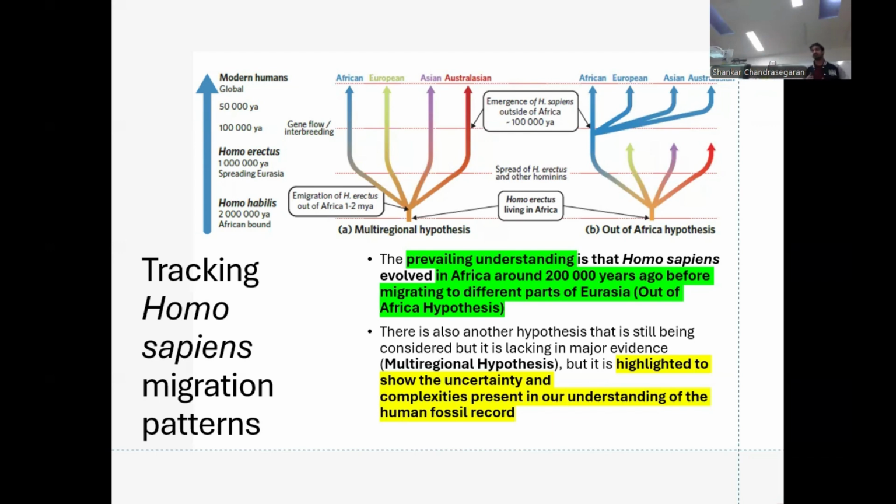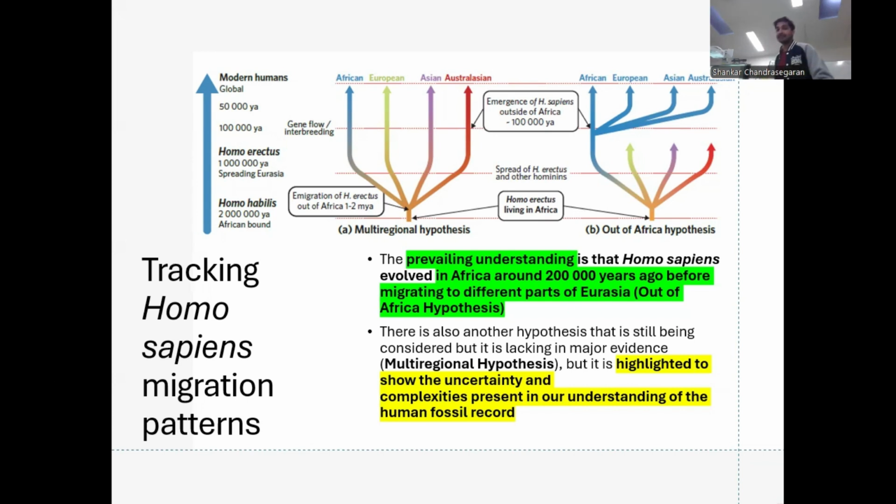Remember in our previous lesson, we talked about the human fossil record being uncertain sometimes due to gaps in our findings and due to us not being able to find fossils as readily and easily for Homo sapiens and other species of Homo. So we have to sometimes consider other hypotheses to be able to have the best range of ideas that might be the truth, right?